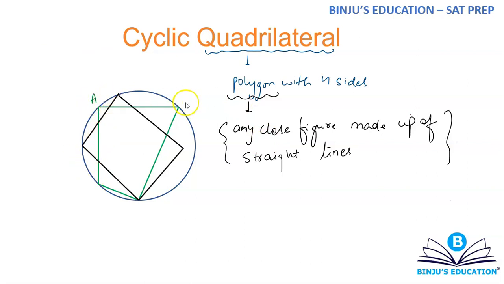So this A, B, C and D. So this is a cyclic quadrilateral.